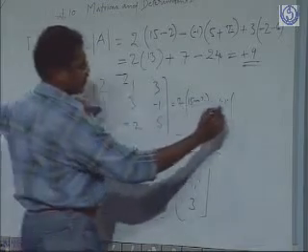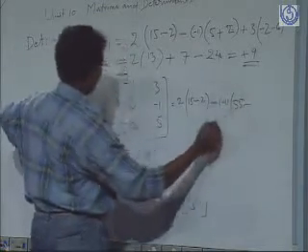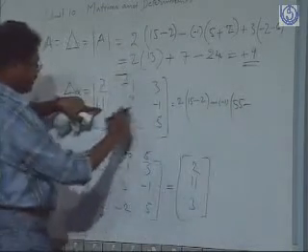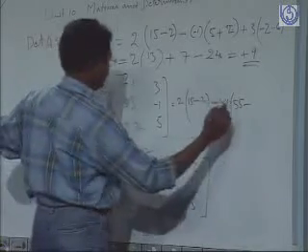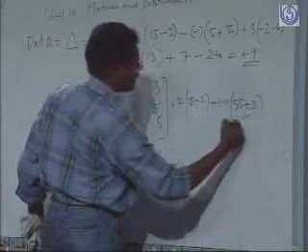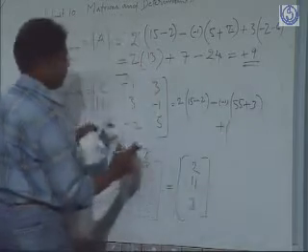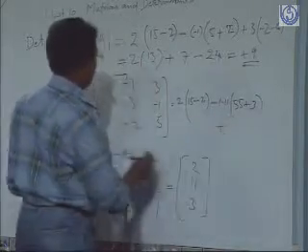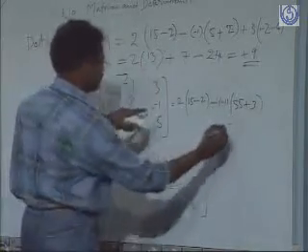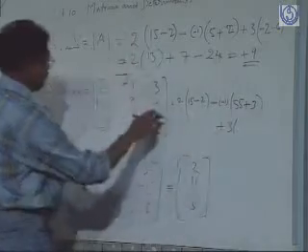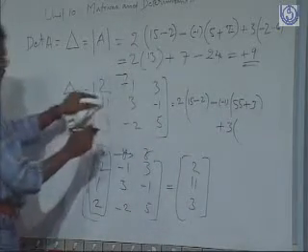So here 11 fives are 55, minus into minus, again it is plus 3. And the same, then next one, 3 into, and this equation will be there.